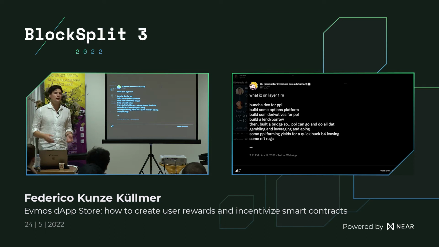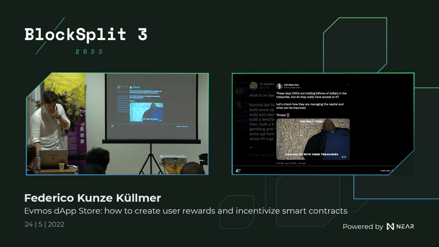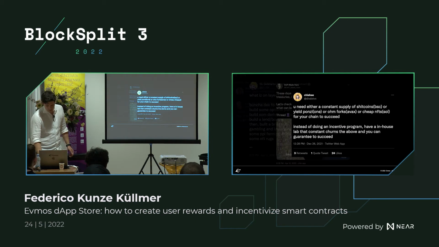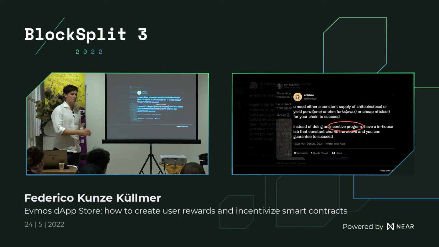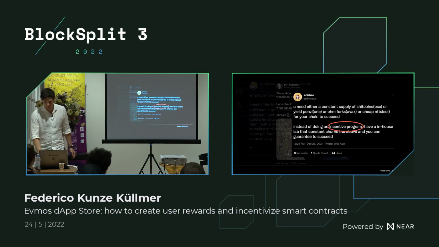We've seen all these EVM chains coming and being live in different L1 ecosystems. But ultimately, instead of doing an incentive program, there should be a long-term incentive alignment for users that is not centralized in a single foundation, and that is growing in the same way that the protocol is.